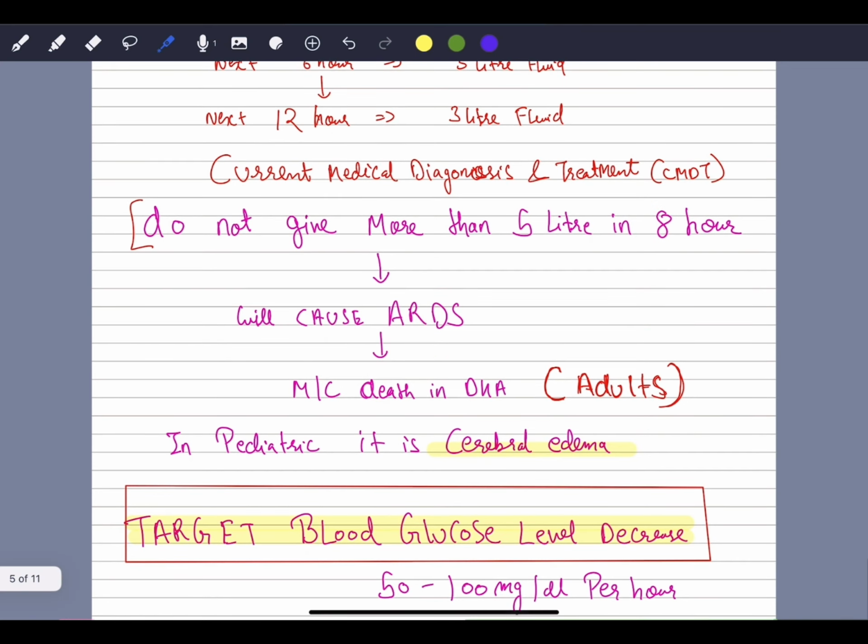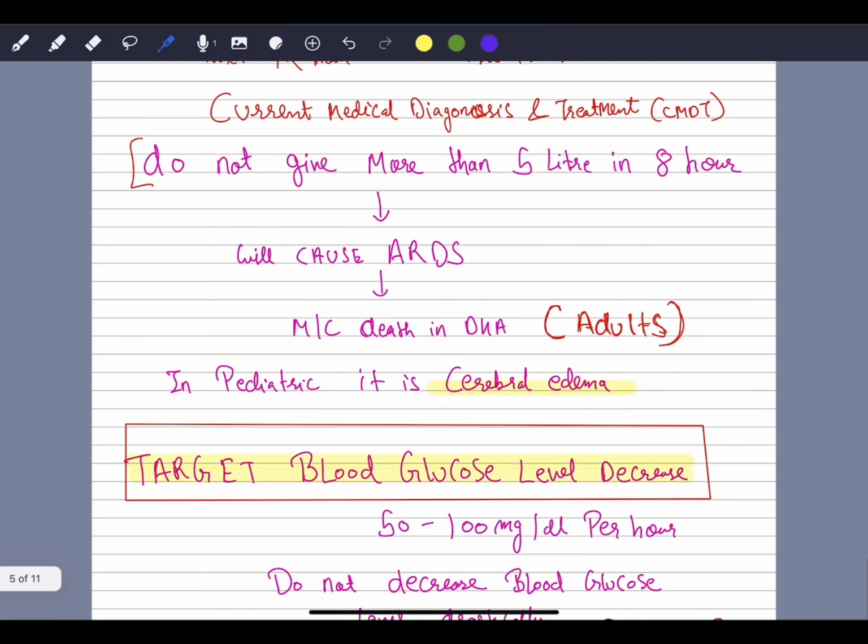Now what will it do? It will cause ARDS, adult respiratory distress syndrome, in lungs. That is the most common cause of death in DKA in adults, and in pediatric patients it is cerebral edema.